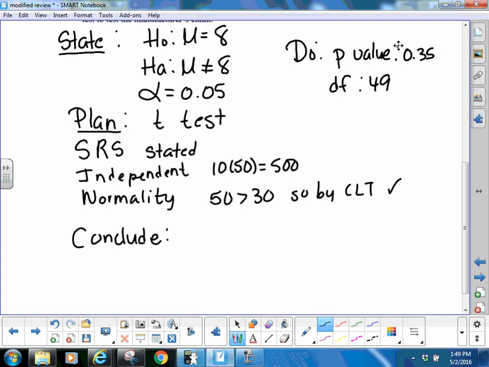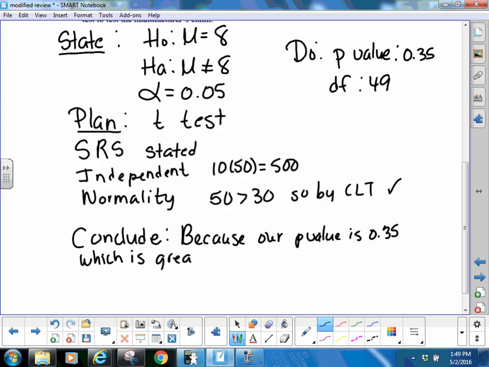So when we conclude, are we going to reject or fail to reject? Beautiful. Because our p-value is 35 hundredths, which is greater than our level of significance, we fail to reject H0.